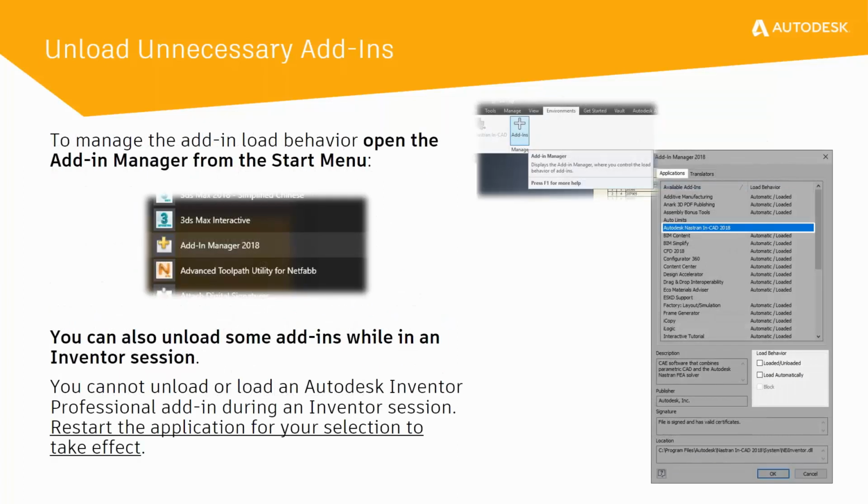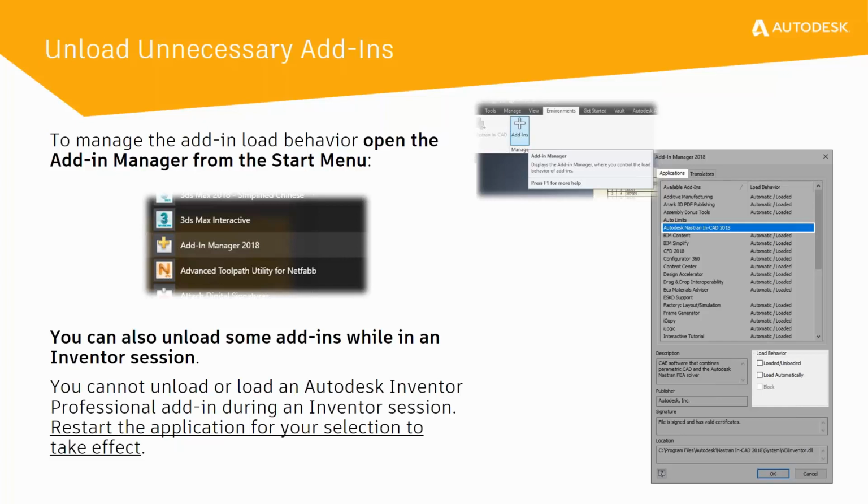Unload unnecessary add-ins. There's a couple of ways that you can do this. You can do it from the Start menu. If you go to Start, All Programs, you look for your Autodesk folder, and inside of there should be a program called Add-in Manager. In my instance, it's the 2018 release. You can open that up, and that will give you a dialog box where you can turn on or off the add-ins that you don't want to load inside of Inventor.